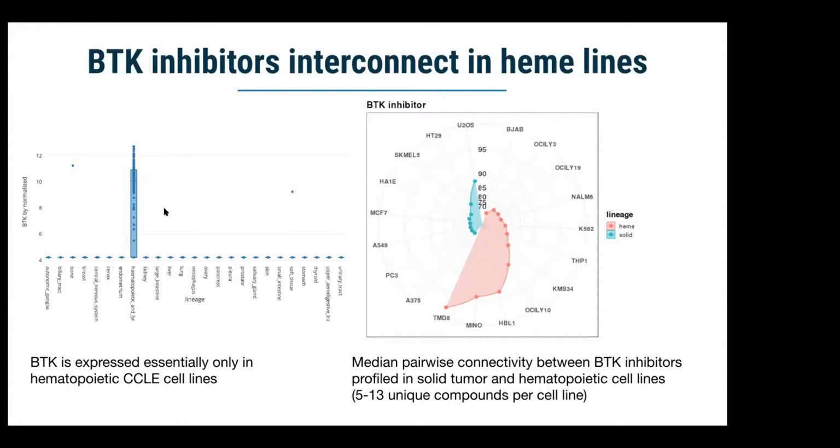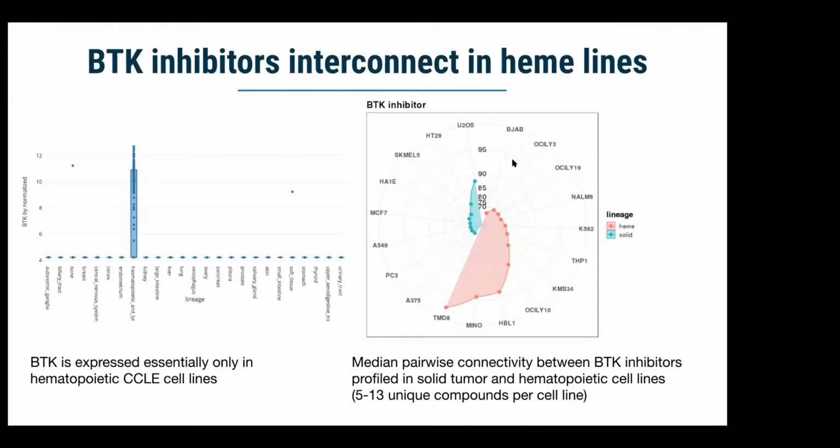If we look at the connectivity of BTK inhibitor compounds to each other, we're asking as a class, how well do these BTK inhibitors recapitulate each other's signatures? How tight of a cluster do they give in each one of these cell lines? This is a radar plot where each spoke is a cell line, and the distance from the origin is proportional to the strength and coherence of that BTK inhibitor class in that particular cell line.